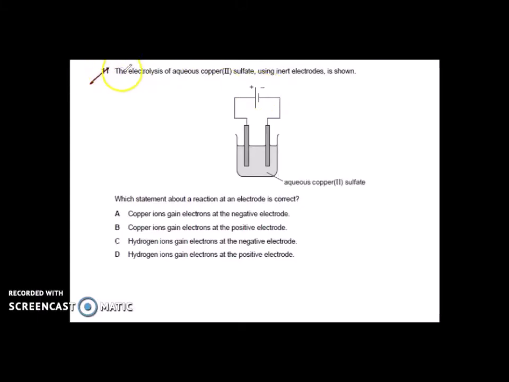So here number 11, electrolysis of aqueous copper sulphate. Okay, now we have hydrogen and then sulphate and OH. What's the question? Which statement about a reaction at an electrode is correct? Copper gains electrons at the negative electrode.